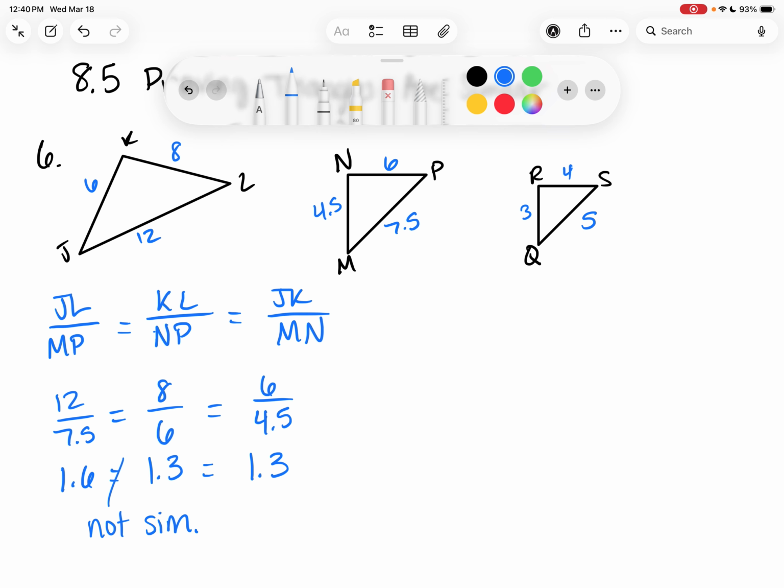So then I'd probably just go to the next 2 in line. I'm going to look at MP over SQ, and then PN over RS, and then MN over RQ.